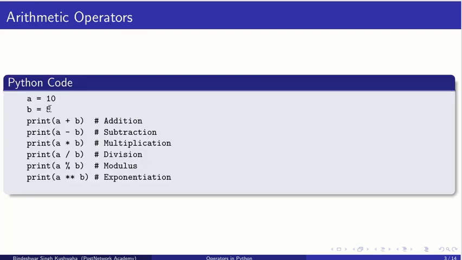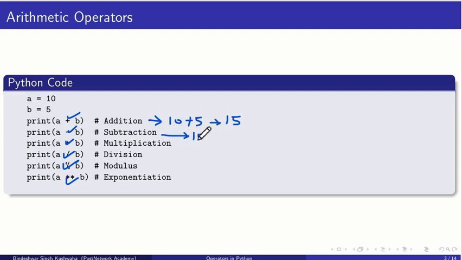Now let us see arithmetic operators. You can say plus, minus, multiplication, division, modulus and exponential operators. These are arithmetic operations. Let's see what the output would be here. So a plus b, that means 10 plus 5, that will be 15.